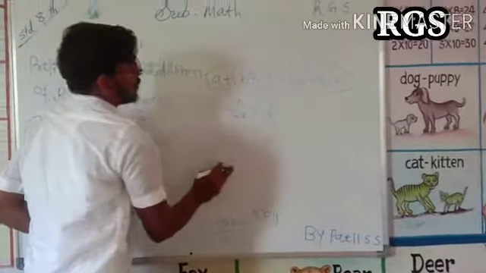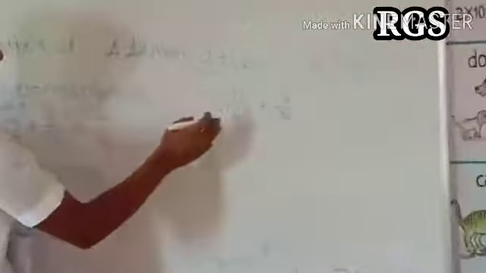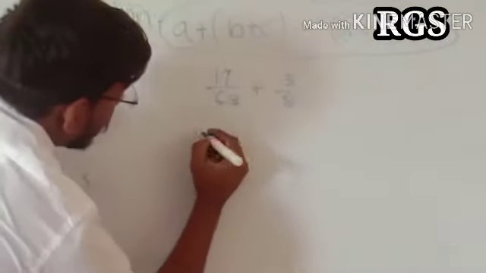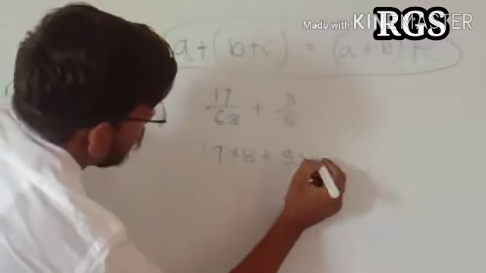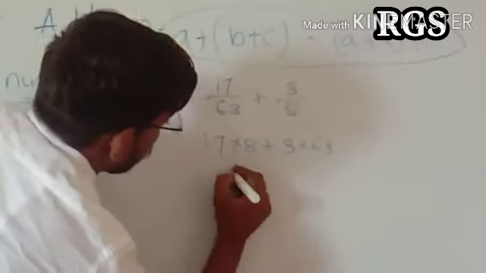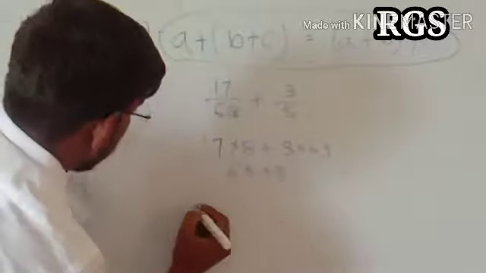For making the denominator the same, we have to again do the cross multiplication. 17 into 8 plus 3 into 63 divided by 63 into 8.